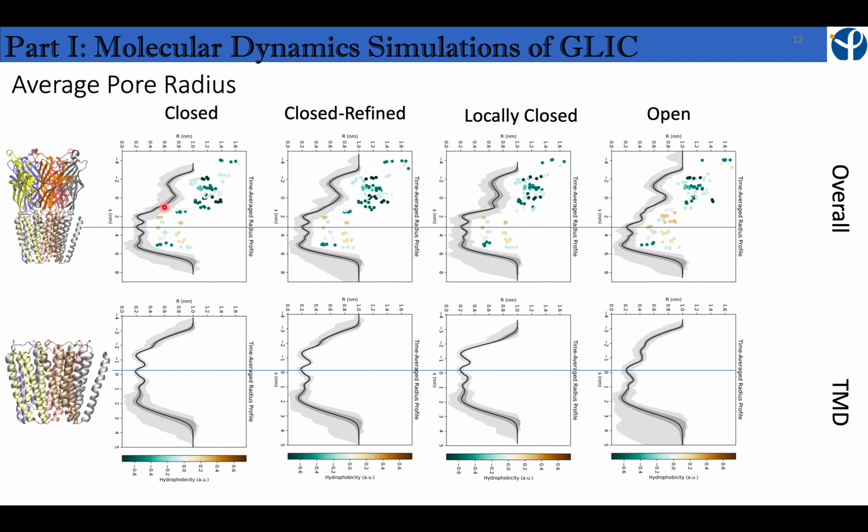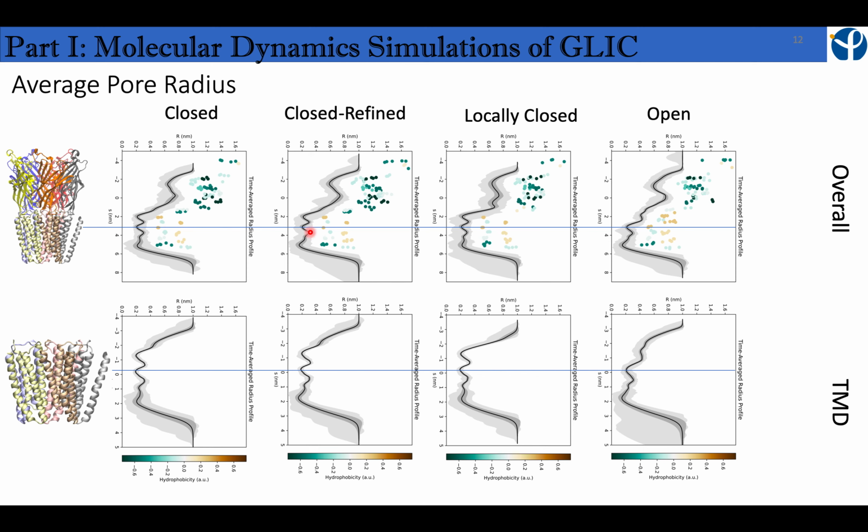The black line indicates the average across the simulation. The dark gray shade is the standard deviation of it, and the light gray shade that you see here is basically the maximum and minimum of these values.